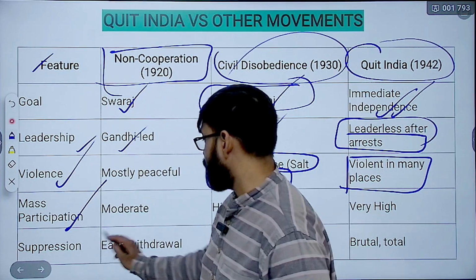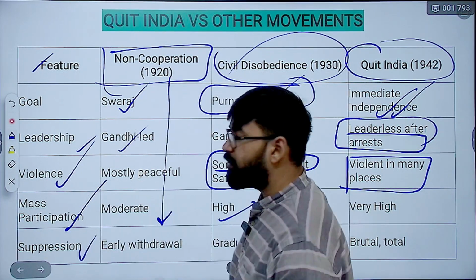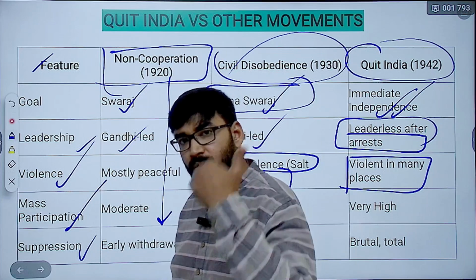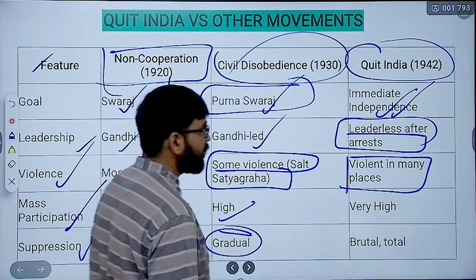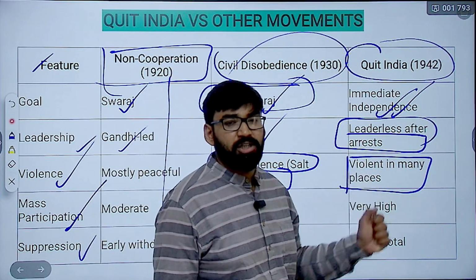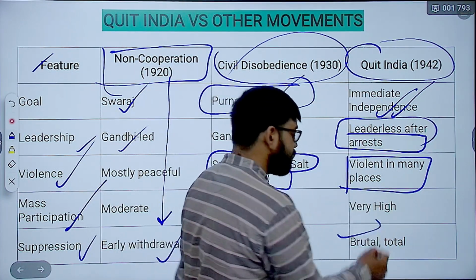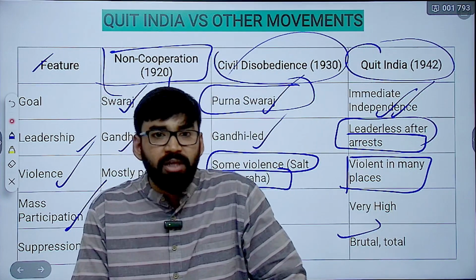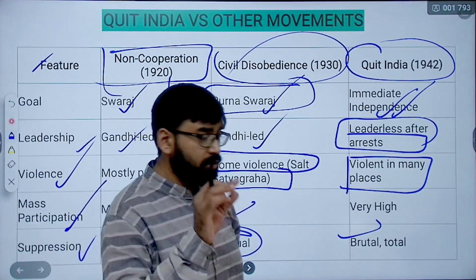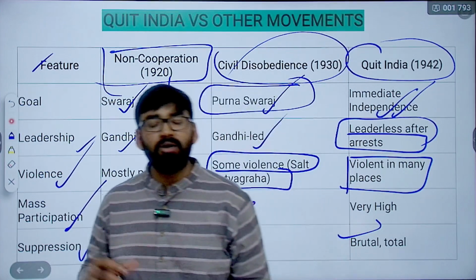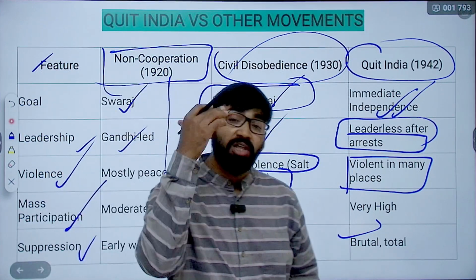And then suppression: in NCM there was no suppression because Gandhi withdrew the movement early. In CDM there was gradual withdrawal, but in Quit India the British suppressed people brutally. Clear? Because of this, even the Indian army wanted the British to leave India. Clear?